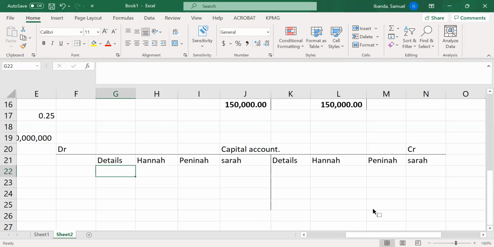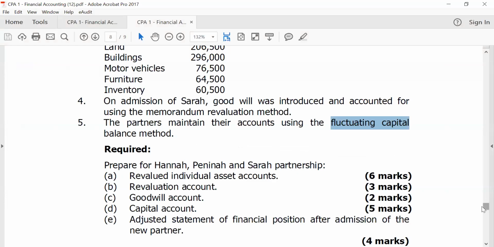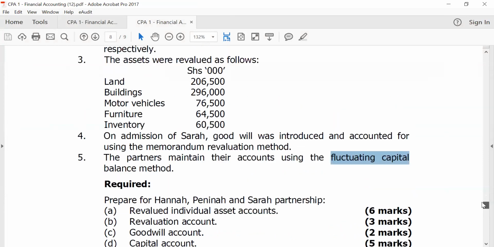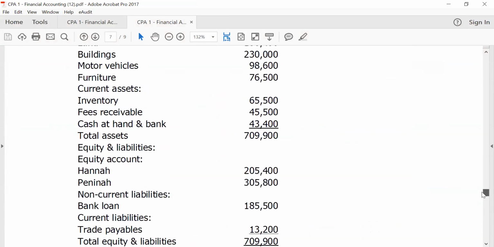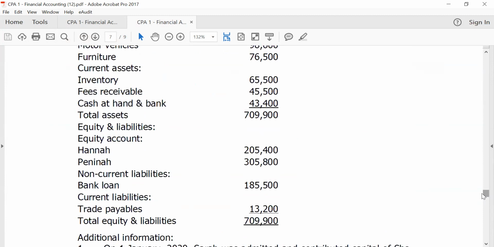Like I said, with the fluctuating capital method, even in the balance sheet, under equity, we shall only have the capital accounts and not a current account. So these are the capital contributions for Penina and Hannah, as per the balance sheet, and those are going to be our balances brought down.